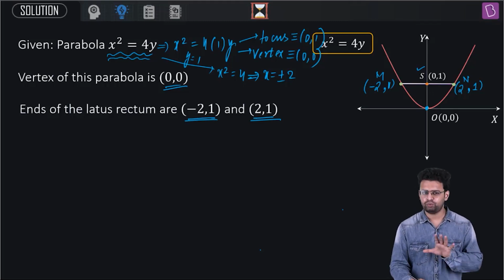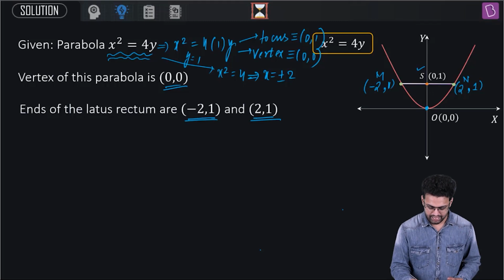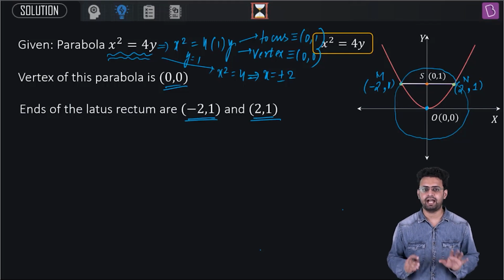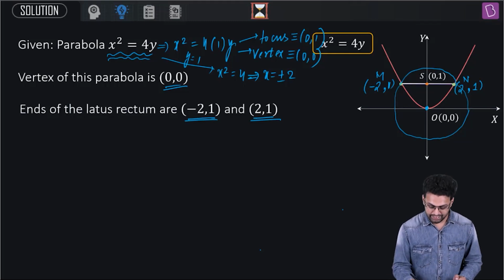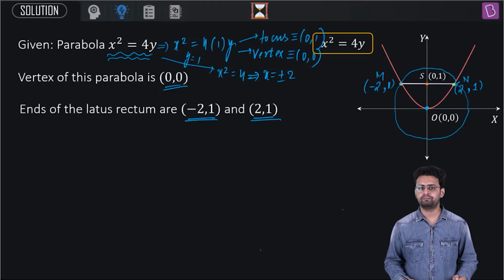If I try to draw a rough figure, I will be getting a circle like this. Yes, I have a very bad drawing. Pardon me for that. So I'll be getting a circle like this. The center is known.